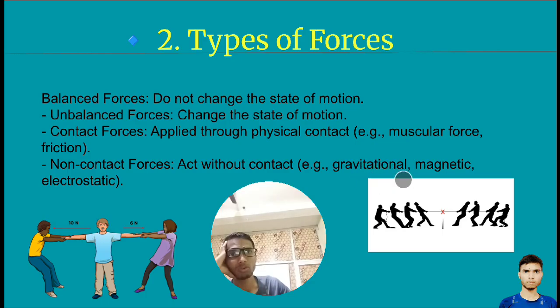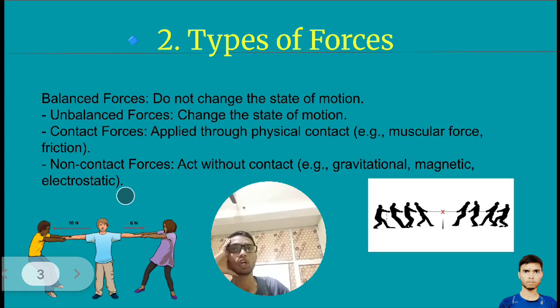So gravitational force, magnetic force, electrostatic force. Gravitational: anything which is coming from upward and falls downward is due to gravitational force. Gravitational is an attraction force, and magnetic is repulsion or attraction. It attracts magnetic material or repels the magnetic material. This is what happens with the magnet.